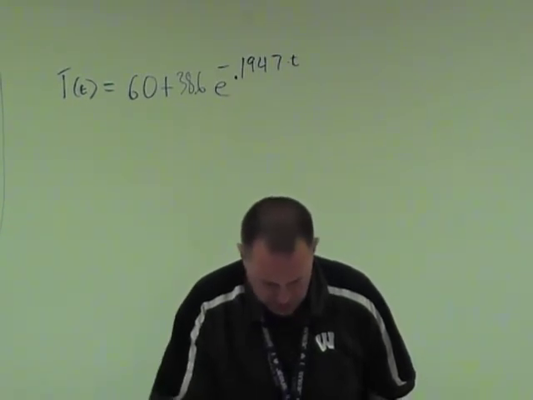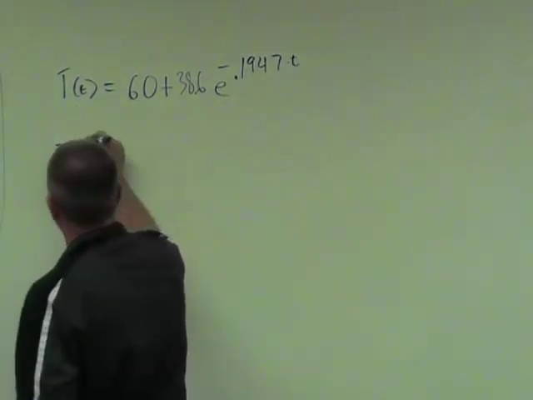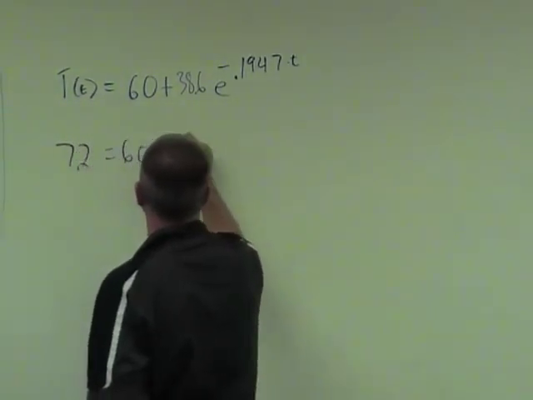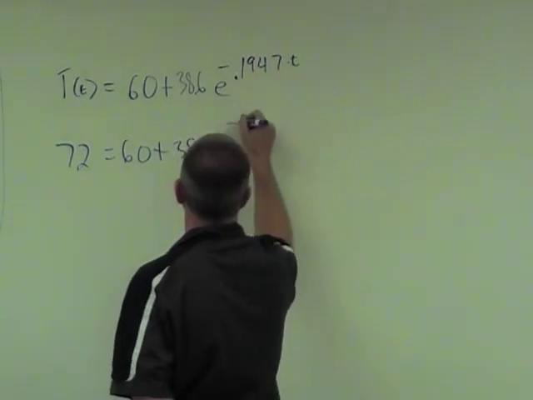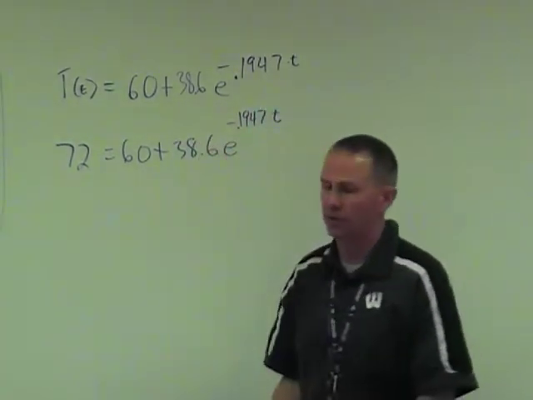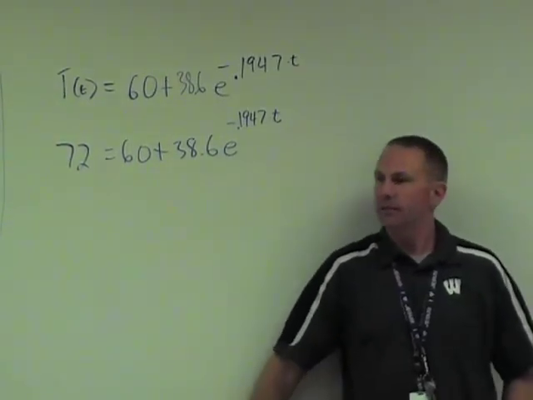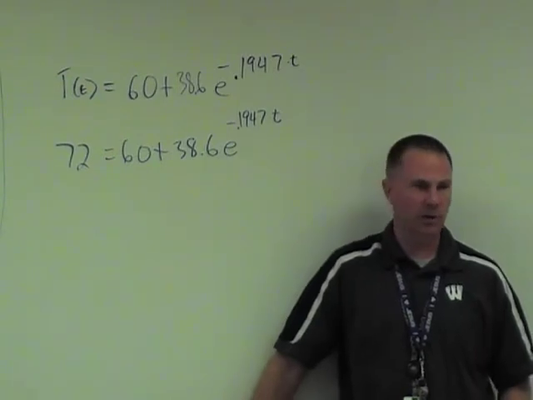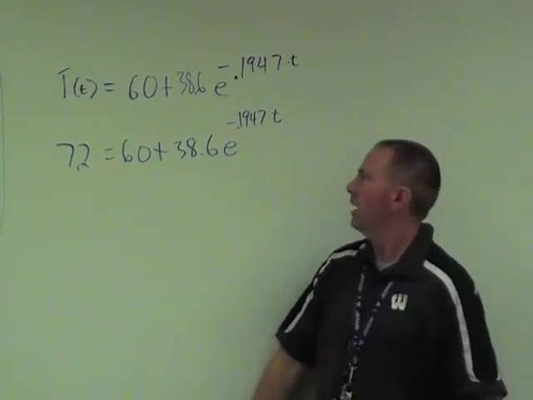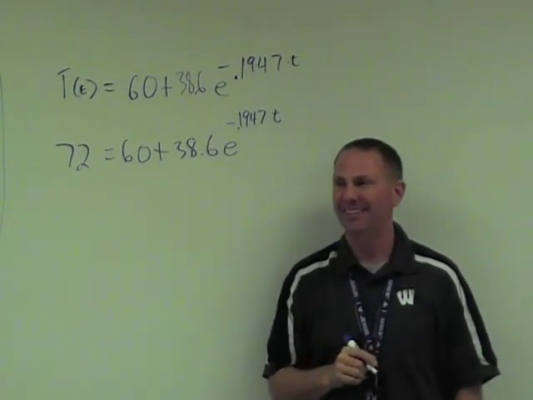If the temperature of the body is now 72 degrees, how long has the body been dead? So you're finding t, and here you're going to have to use your logarithms to figure this out. How do I get t by itself? What do we want to start doing? Start hacking away at it.